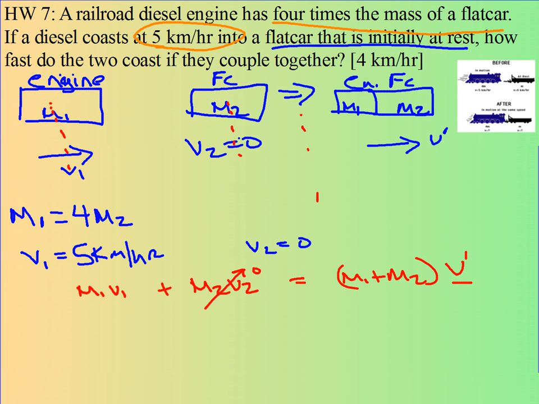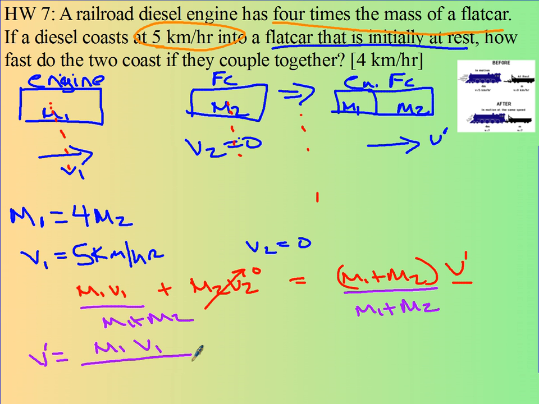So to get my final velocity, I'm going to divide both sides through by M1 plus M2. Leave that alone because it's 0. So the velocity they're going to go off together is equal to the mass of the engine times the initial velocity of the engine divided by the sum of the masses.